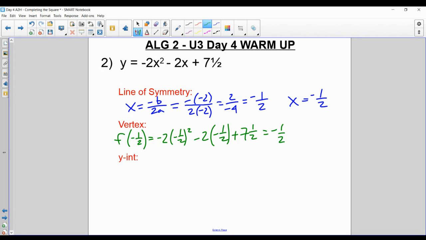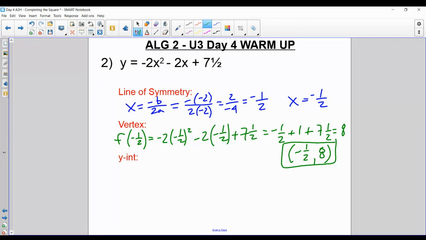I've got -2 times -1/2, so +1, and then 7.5. So we've got 8. So my vertex would be at (-1/2, 8).